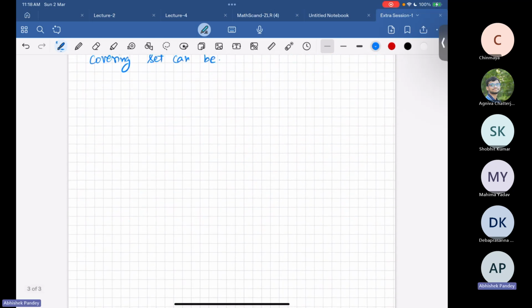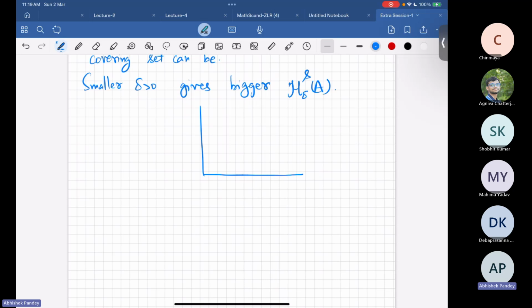If we want to see, smaller delta positive, there is a proof of this which I will mention. So it means that if we draw a graph, let us say this is delta and this is H^s_delta(A).